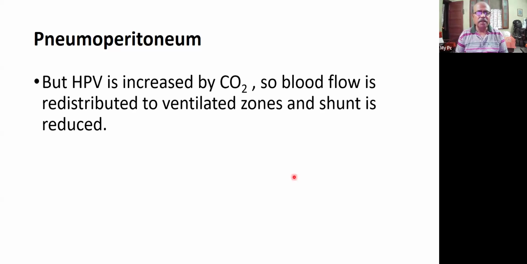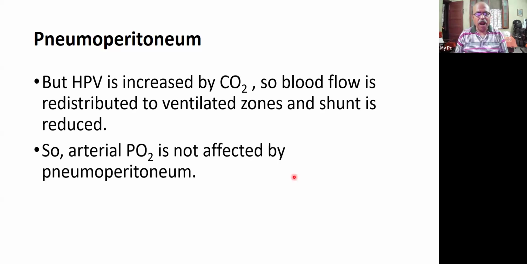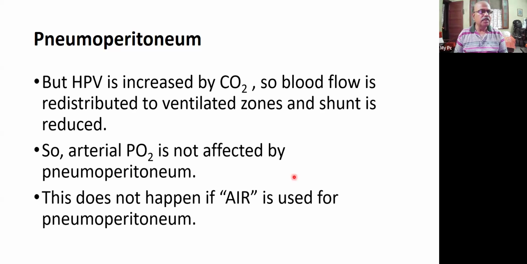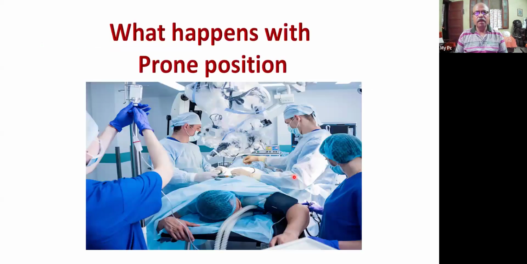So blood flow is redistributed to the ventilated zone and shunt is reduced. So the arterial PO2 is not affected much by pneumoperitoneum. And this does not happen if we are using air instead of carbon dioxide or any other gas than carbon dioxide. The HPV saves us with carbon dioxide.